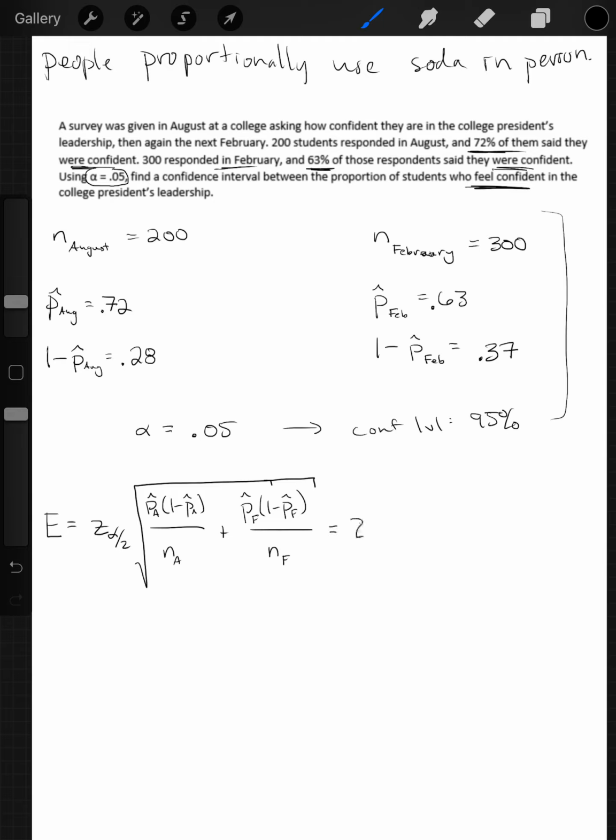So this is going to be z sub alpha over 2, which is z sub 0.025, times the square root of 0.72 times 0.28 all over 200 plus 0.63 times 0.37 all over 300.